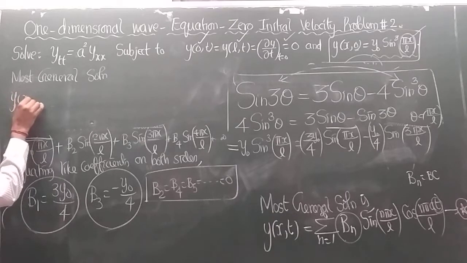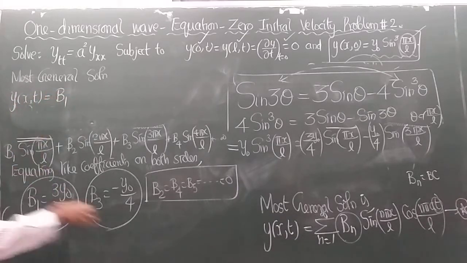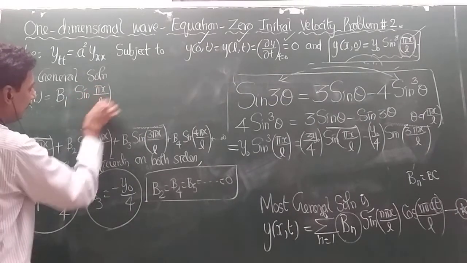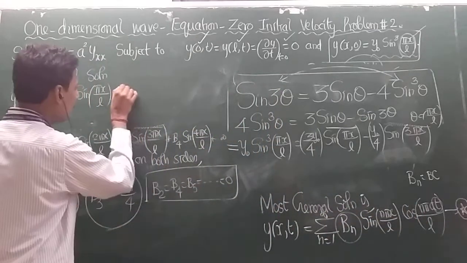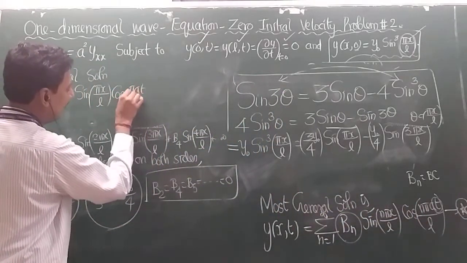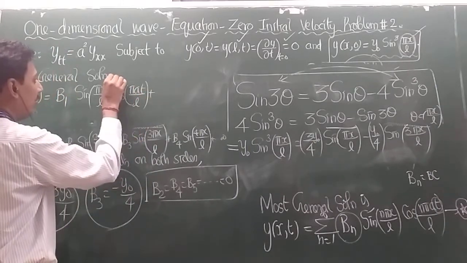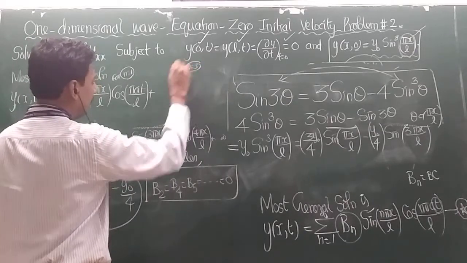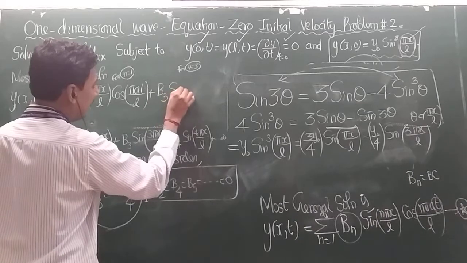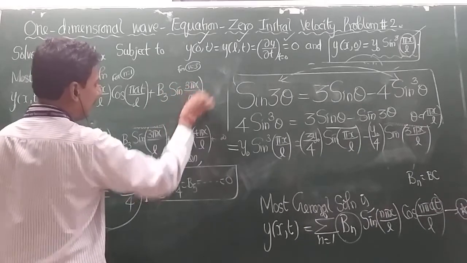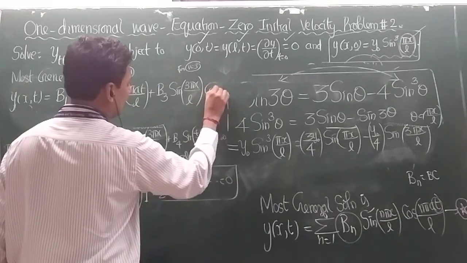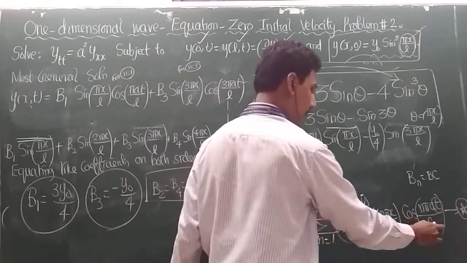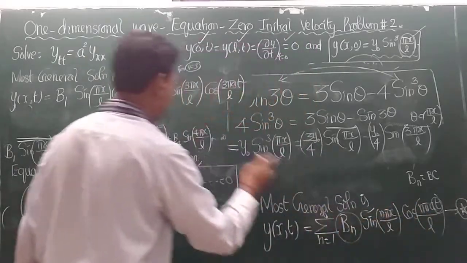So now the required displacement function becomes, for n equal to 1, b1 sine pi x by L into cos pi a t by L. This is for n equal to 1. Now for n equal to 3, b3 sine 3 pi x by L into cos 3 pi a t by L. Clear? For n equal to 1, for n equal to 3.